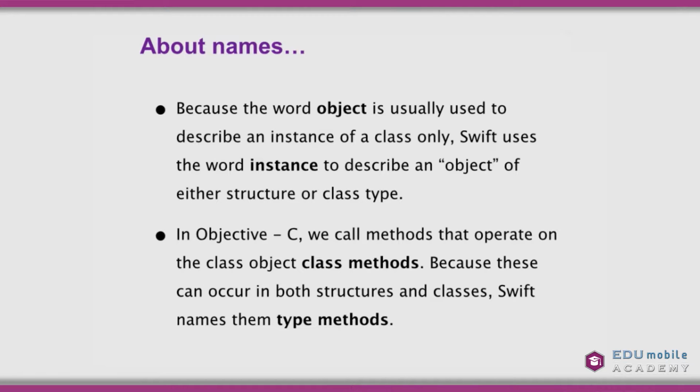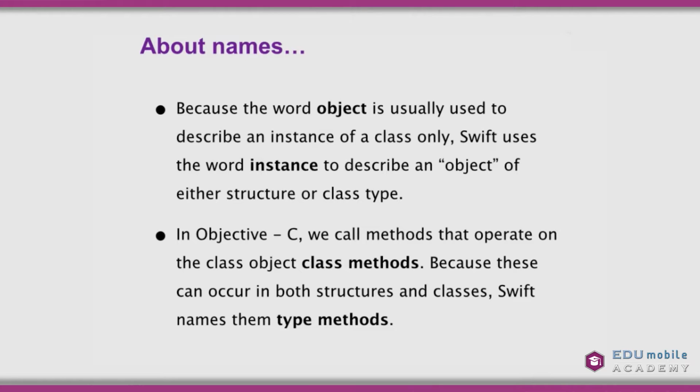Swift uses the word instance to describe a, quote, object of either structure or class or enumeration type. So we use this word instance: instance of a class, instance of a struct, instance of an enumeration, even though not all of them are reference types, we still use that word instance.